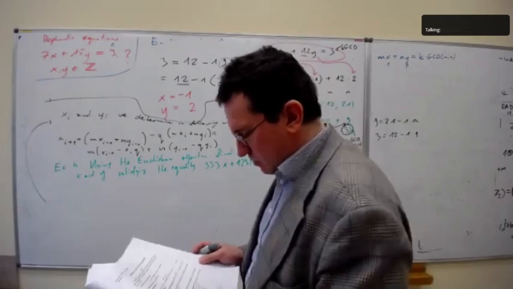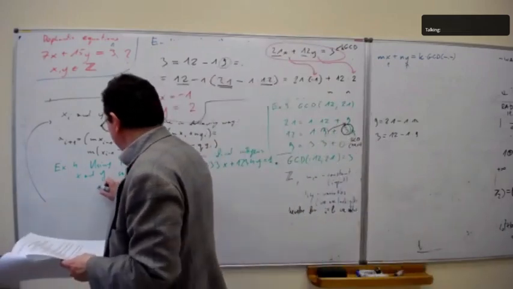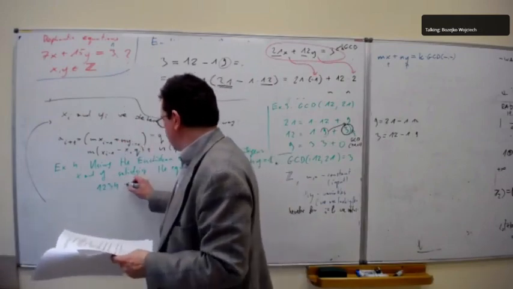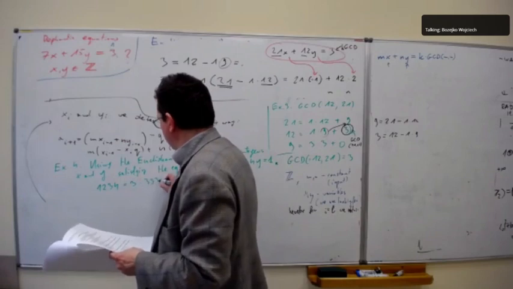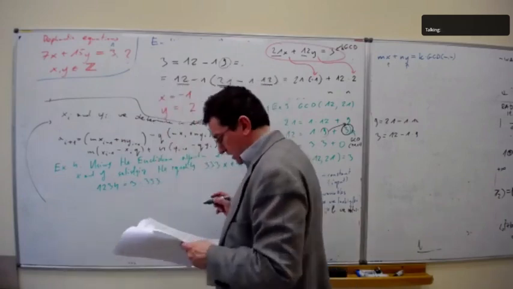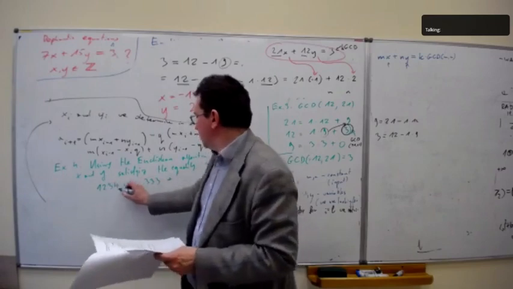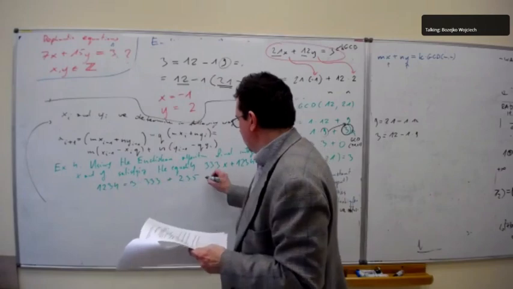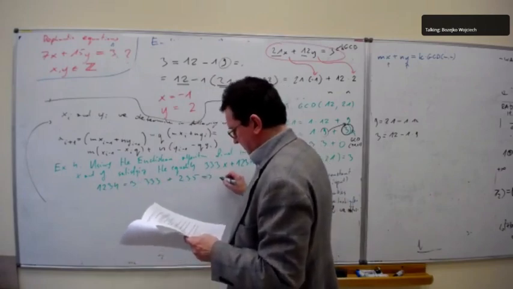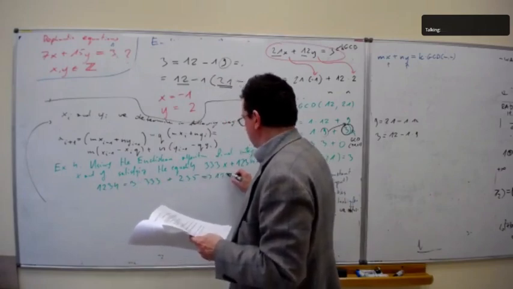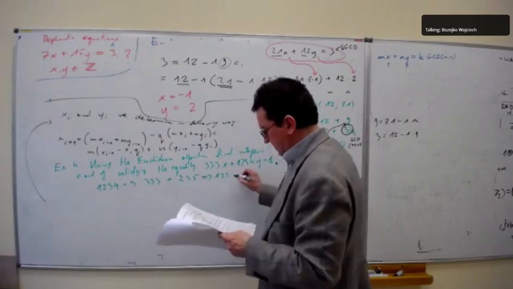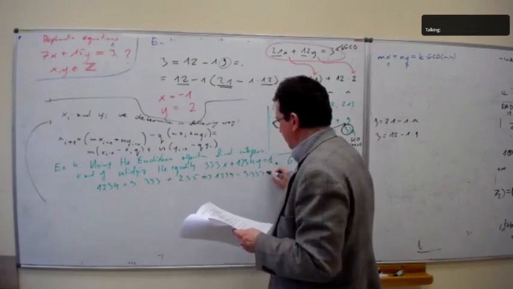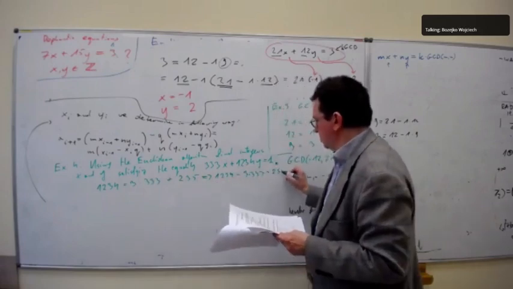So performing the Euclidean algorithm, we have something like this: 1234 is 3 times 333, which is 999, plus 235. Okay, so we can write from this that 1234 minus 3 times 333 gives us the rest, 235.